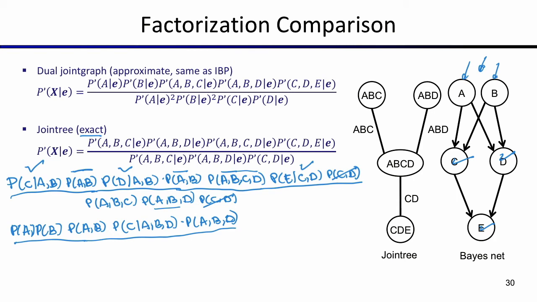So I have the probability of ABC, and I have the probability of AB. So I'm going to write it like this: the probability of C given A and B times the probability of A and B, and the probability of ABD. Okay, so I can cancel this with this. I can cancel this with this.